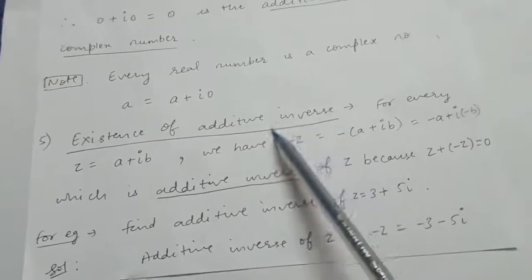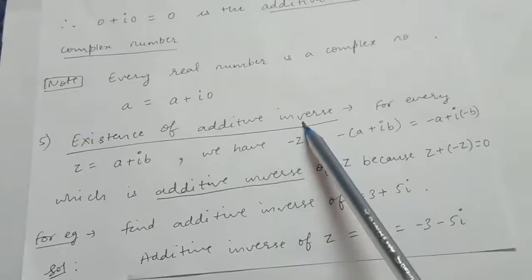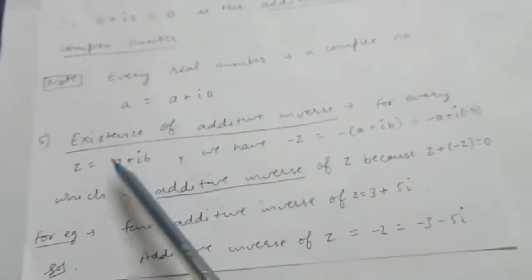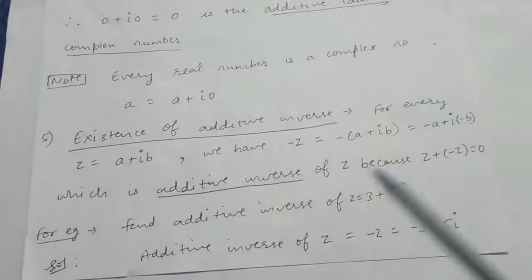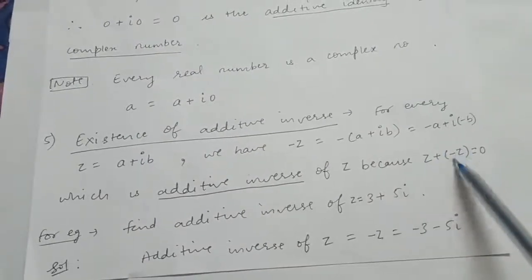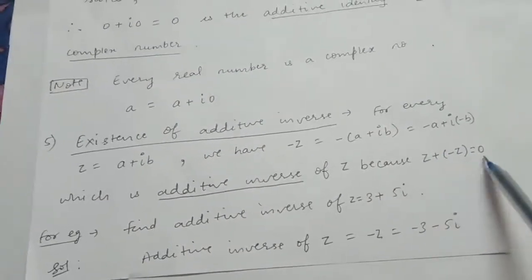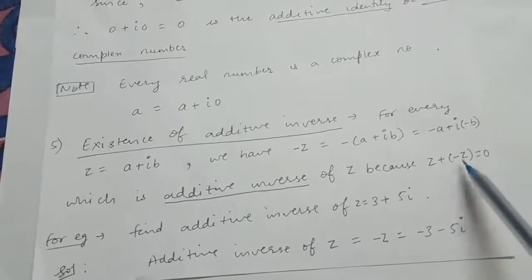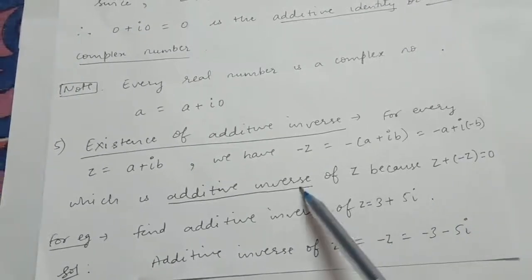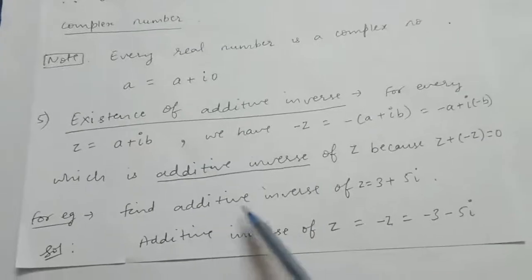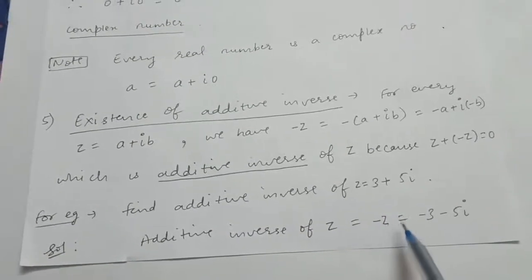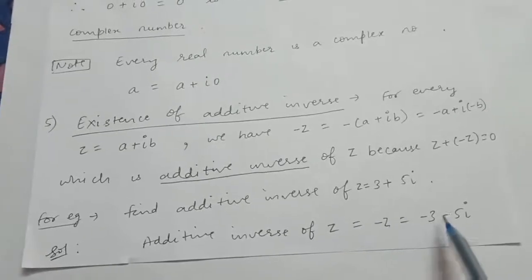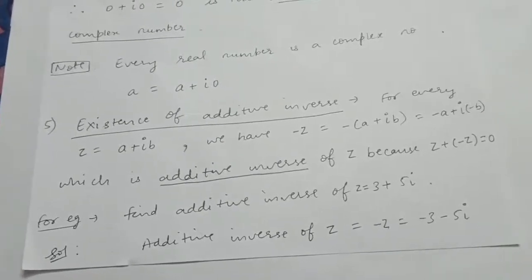Basically additive inverse is that number which when you add to z you get the additive identity. So when you add minus z to z, you get 0, which is the additive identity. Therefore minus z is the additive inverse. For example, find the additive inverse of this number. So additive inverse will be minus z, that is minus 3 minus 5 iota, right?